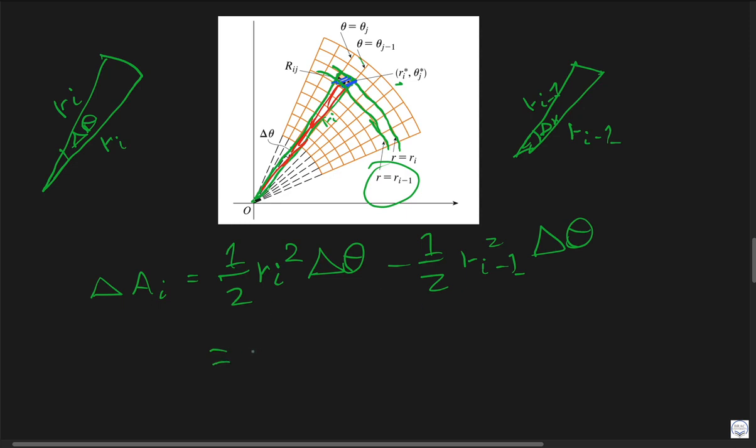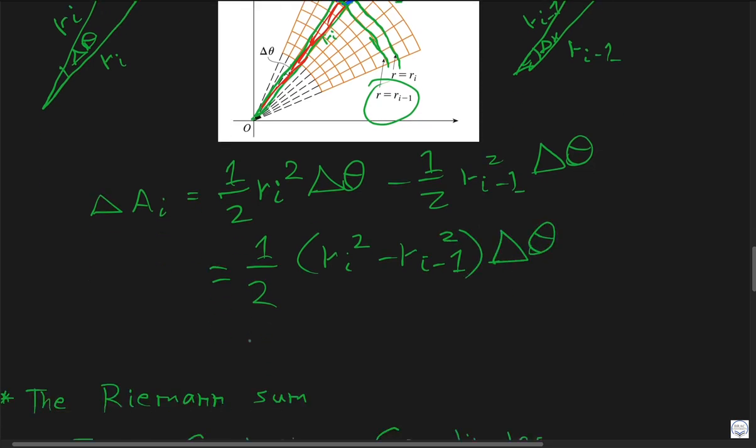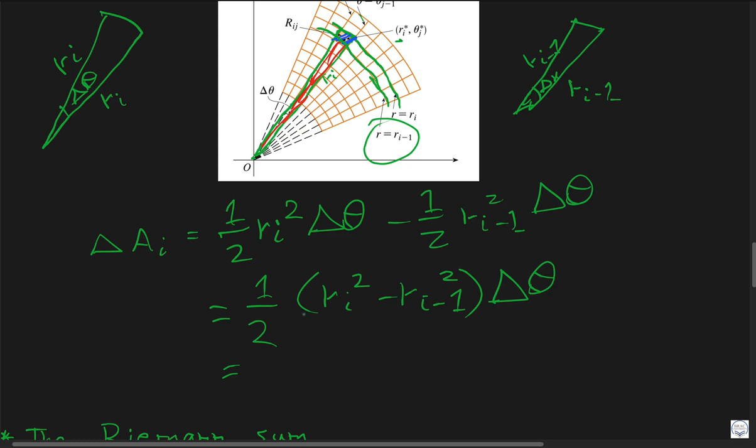So now let's simplify this a little bit. We have half times (R i squared minus R i minus 1 squared) delta theta, and this will give us half times (R i minus R i minus 1), their difference, times their sum, (R i plus R i minus 1), delta theta.